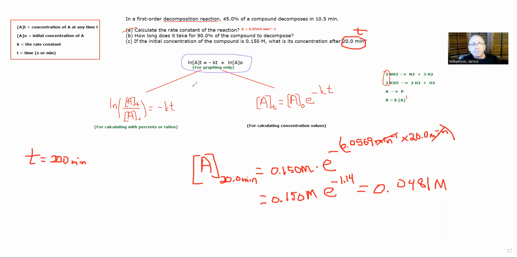You'll mess up. So if you use this and you mess up, you're going to lose points. I don't want you to lose points. Because I told you in lecture and here on video and in lab, you want to use this form when we're calculating with percents and ratios. And you want to use this form for calculating concentration values.